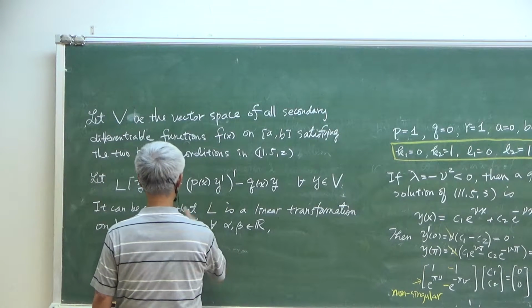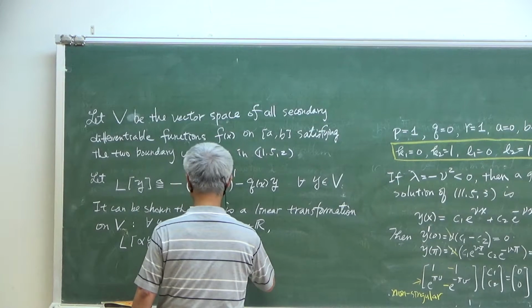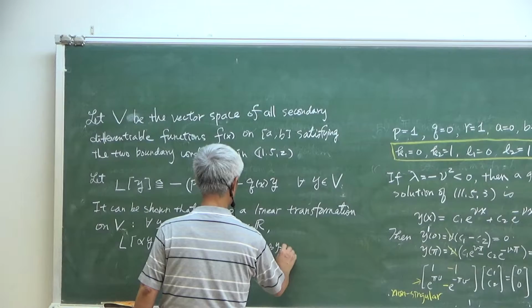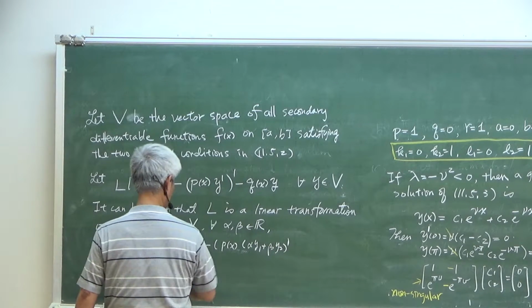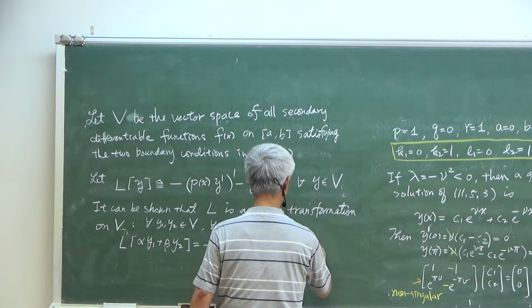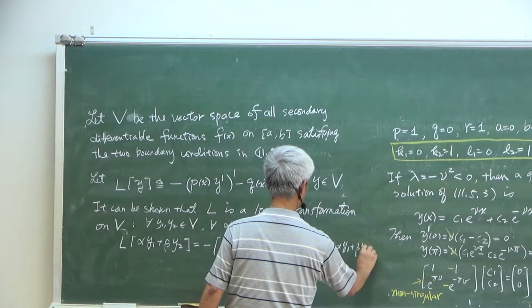Now we consider this: minus the derivative of p of x times the derivative of alpha y1 plus beta y2, minus q of x times alpha y1 plus beta y2.